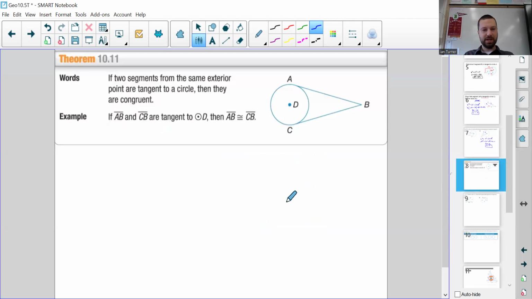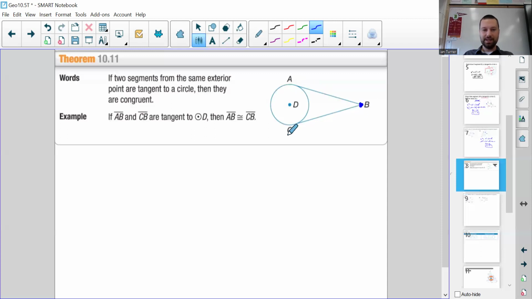If two segments from the same exterior point are tangent to the circle, then they are congruent. Okay, so if you know you got some exterior point out here, point B, and it's some distance away, it's on the exterior, so it's outside of the circle.